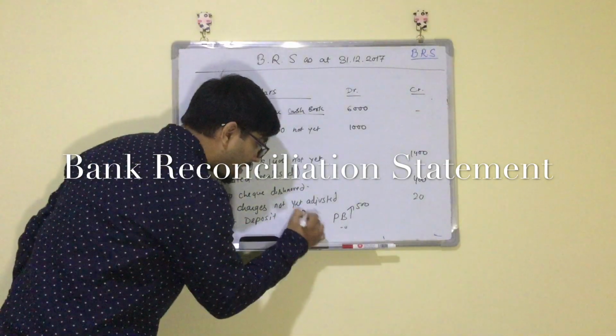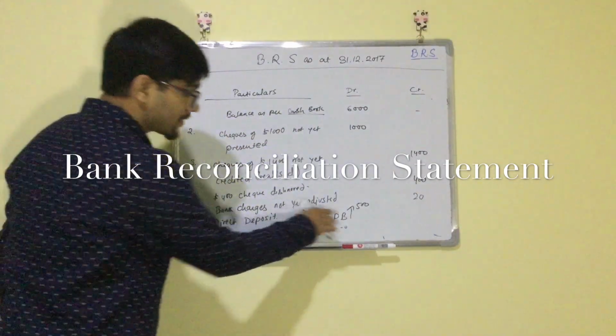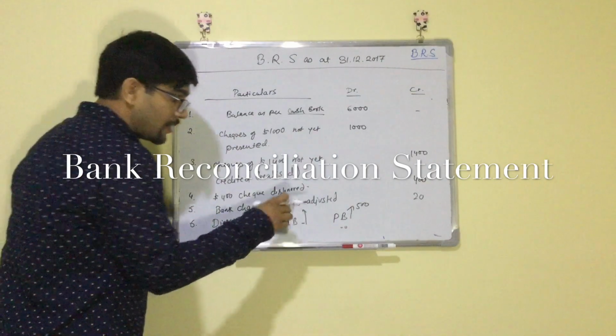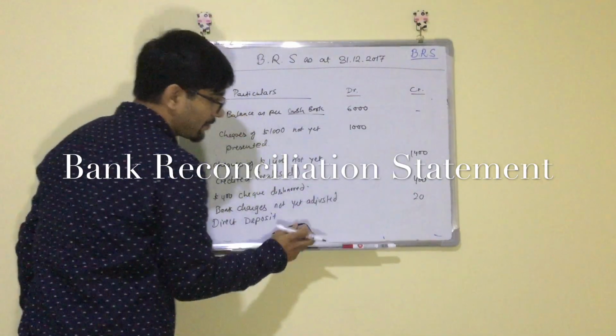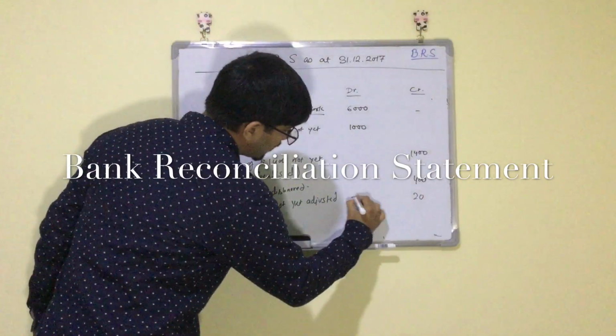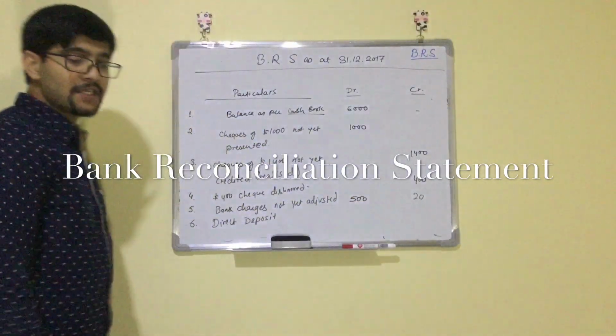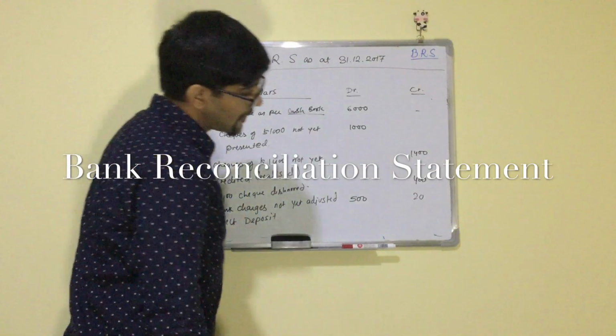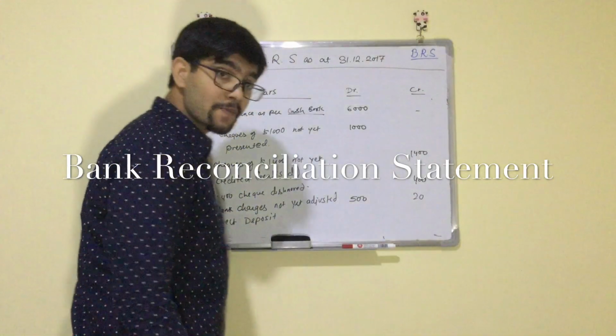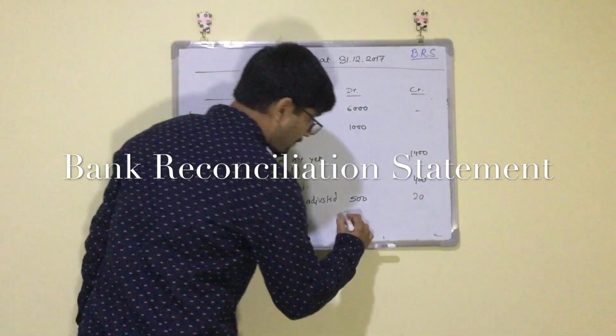So we need to go $500 above to reach the passbook balance. Increase. So if you want to increase $500, you need to debit $500. Let's see whether we have reached the passbook balance or not.